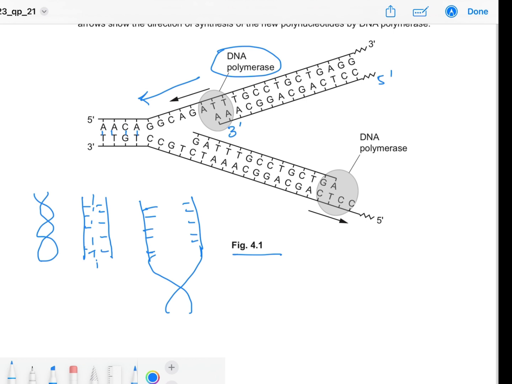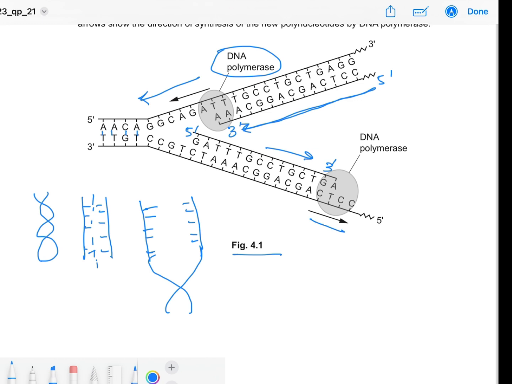So the DNA polymerase will build the leading strand, which means this strand over here, towards the replication fork, whereas the lagging strand, which you can see over here, is built away from the replication fork.